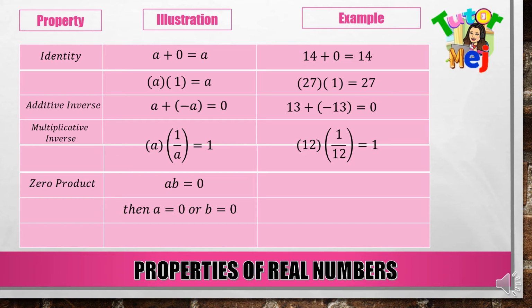So, it's either A ang 0 or B ang 0 or pwede ring dalawa sila na 0. Example, 3 times 0 is 0. 0 times 5 is 0. And 0 times 0 is 0. Malinaw ba? So, tandaang mabuti ang mga properties na nabanggit dahil magku-quiz na tayo.